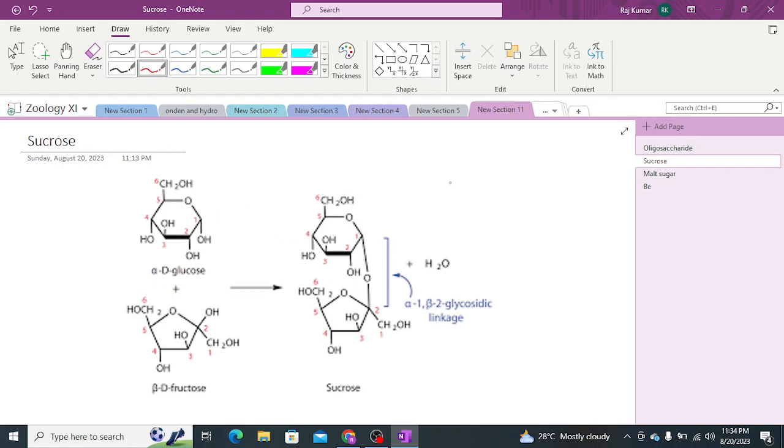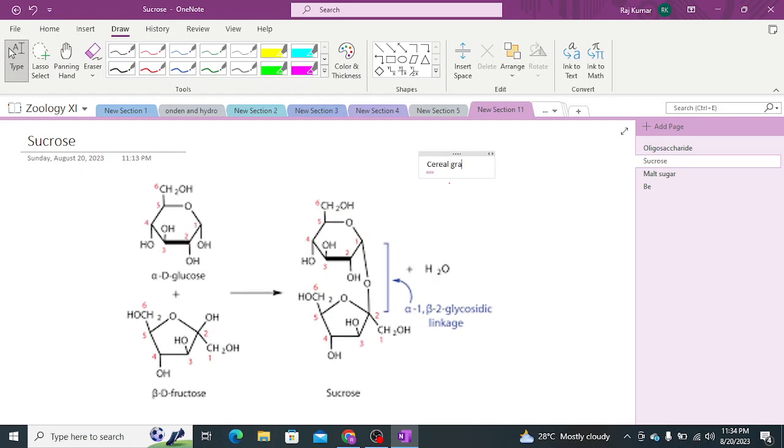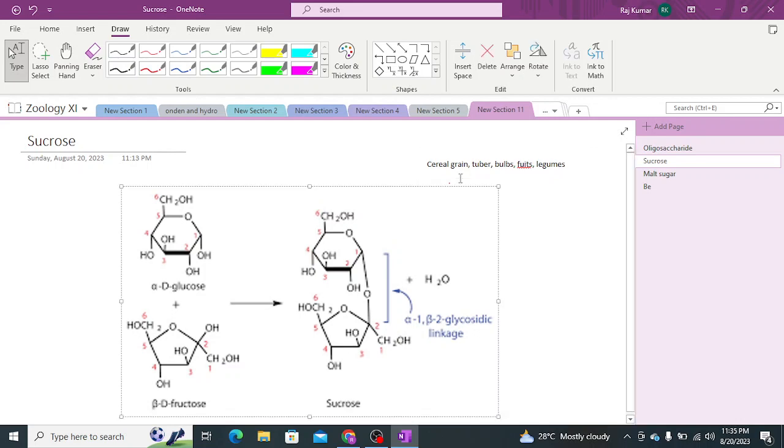Of course, the major source of lactose is milk, as lactose sugar is predominantly found there. Sucrose has its major source in cereal grains, tubers, bulbs, and fruits, and we can say in legumes and some vegetables as well. So sucrose is present in these.